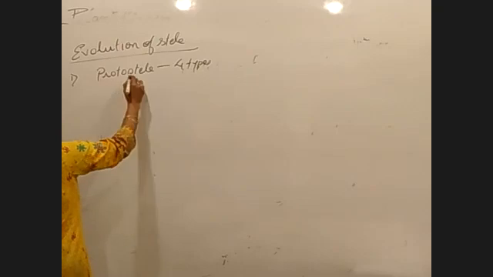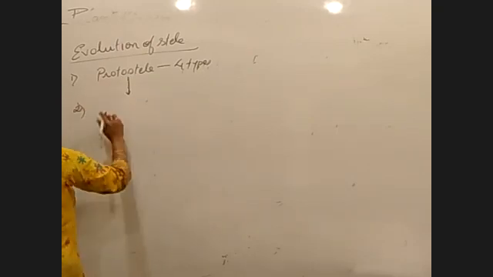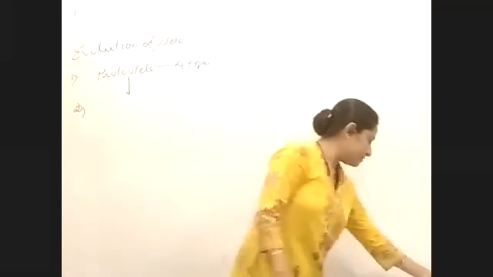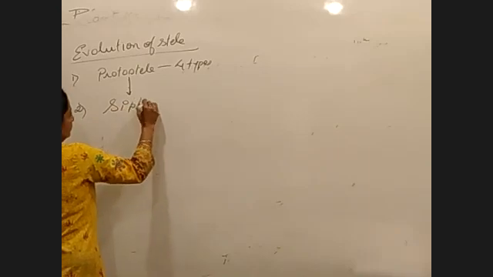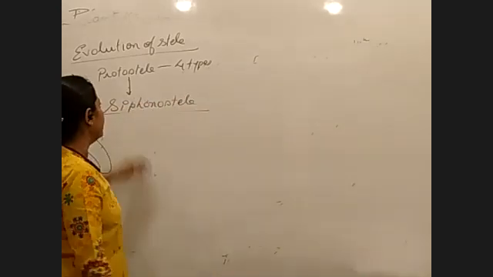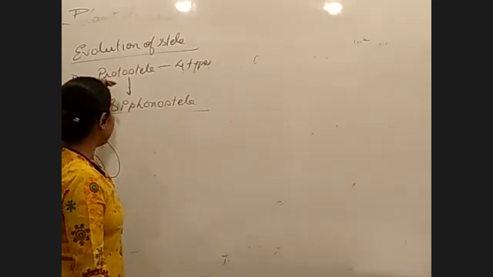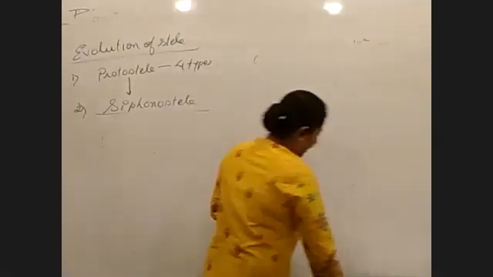After protostele, this got further evolved to form the next type of stele that is called Siphonostele. So the primitive is protostele, and the next type of stele is Siphonostele. Now, points about Siphonostele.